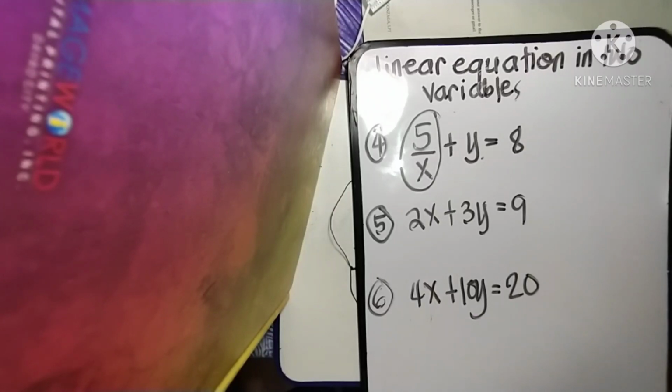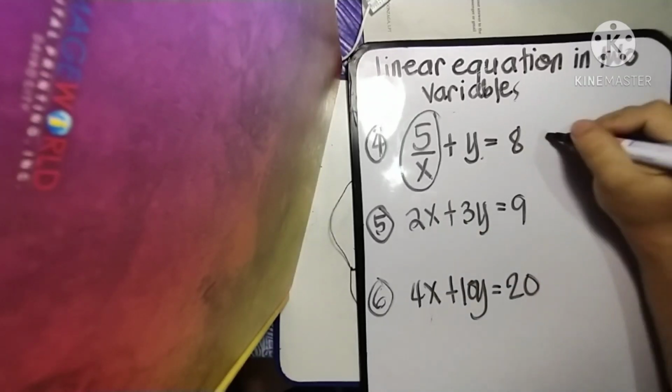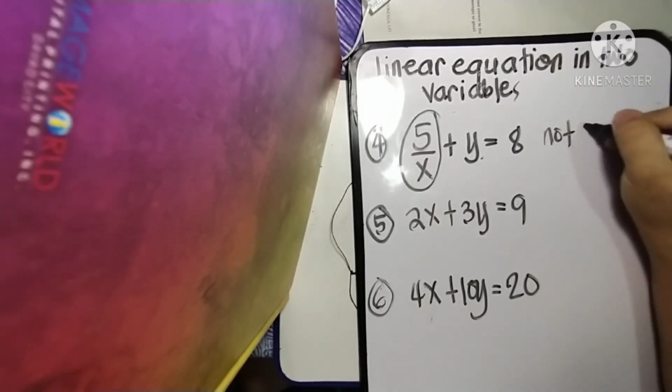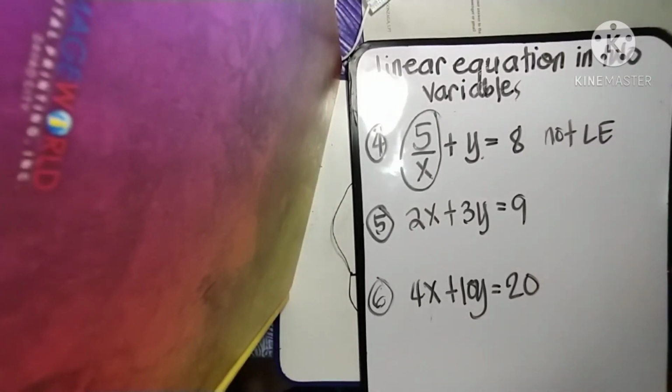So, meaning to say this is not a linear equation. It is represented by this format, which is in a form of fraction, then the denominator is a variable x. So, not linear equation.